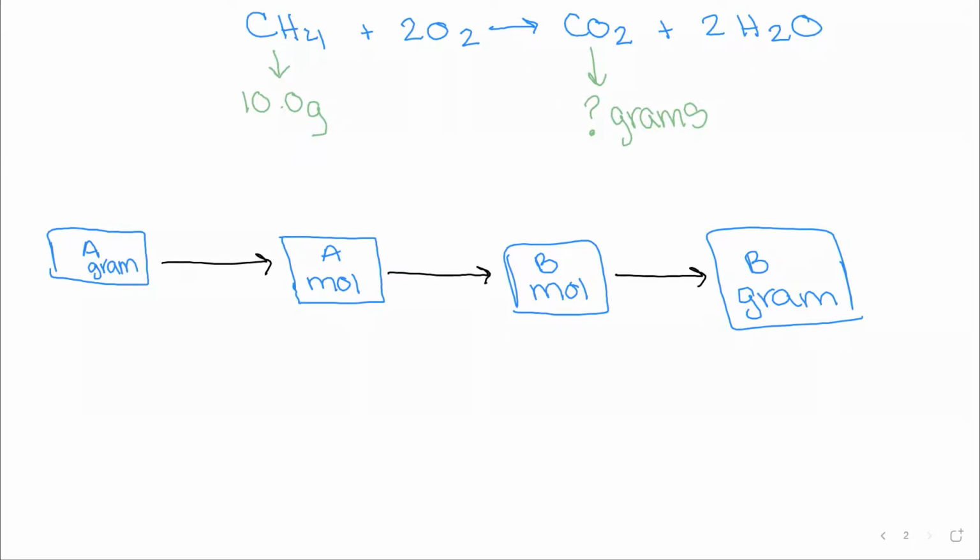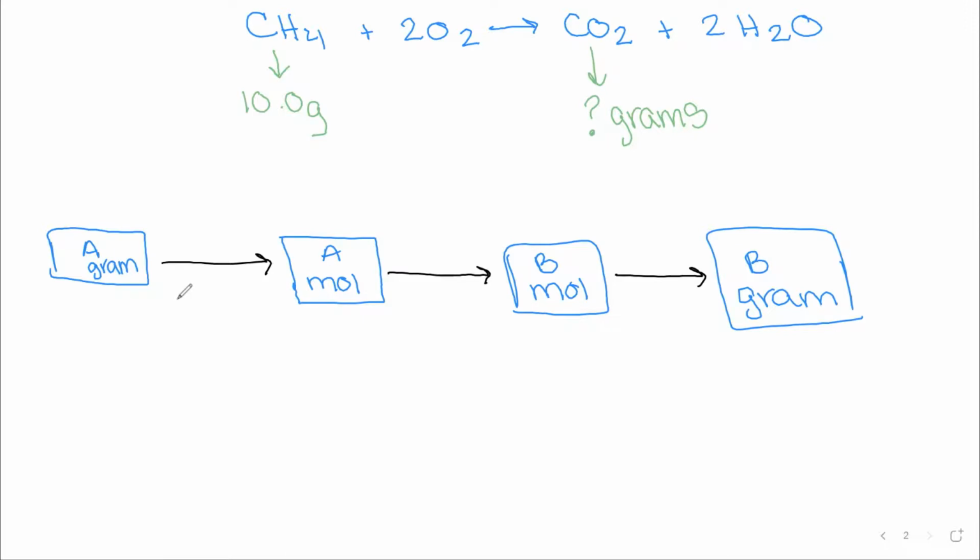So now how do we do each one of these steps? We need to remember what we've talked about. So whenever we want to convert between grams of a substance and moles of that same substance, what we need to do is we need to use our molar mass.